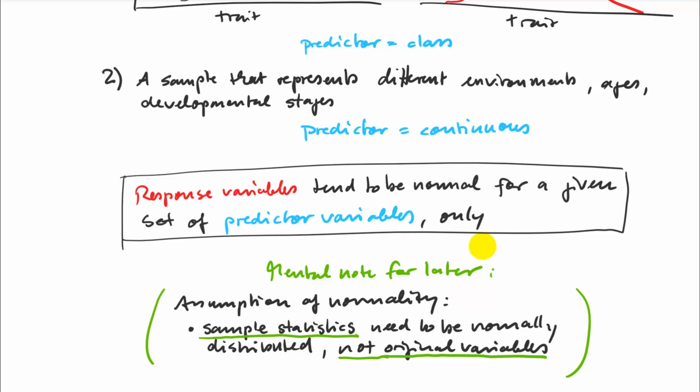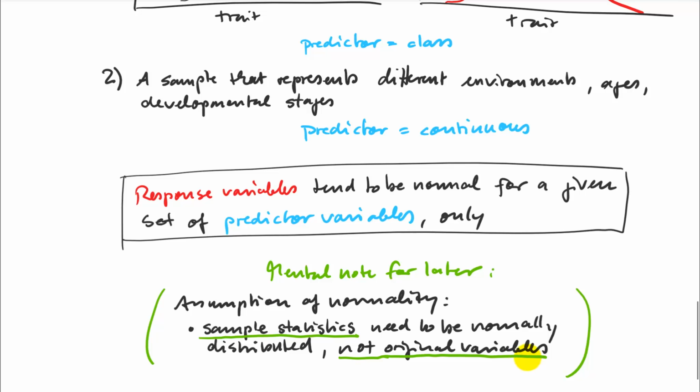That's also okay. The key when you're talking about assumptions of normality is that your response variable needs to be normal for a given set of predictor variables. So given certain environments, given certain treatments, is your response variable normal? And the other big takeaway from this video about the assumption of normality, which we get into later in more detail, is that the sample statistics need to be normally distributed, not your original variables.